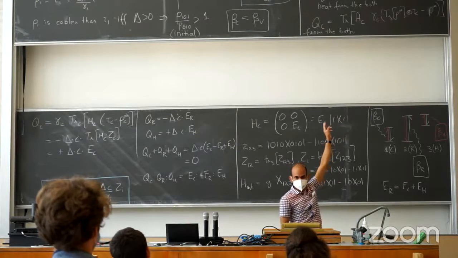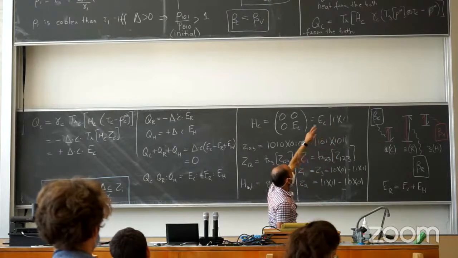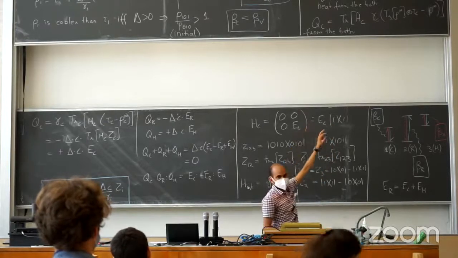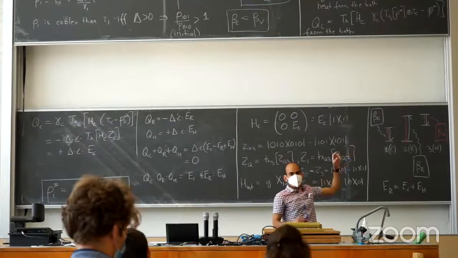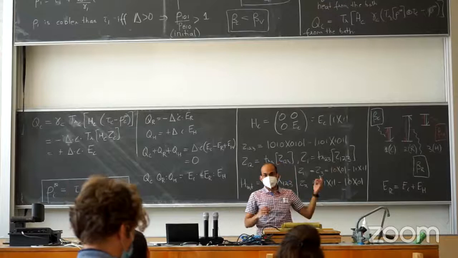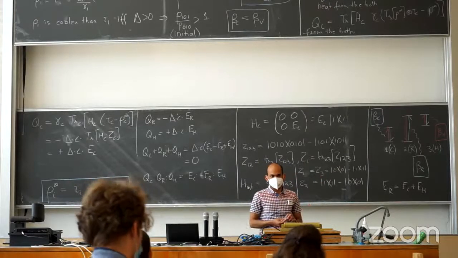And the result is that when you multiply it by an operator that is just identity on the R and H part and something non-trivial on the C part, then all of the R and H part just go away. I haven't done this explicitly, but this is what you would get essentially, because you have trace of identity times that part.